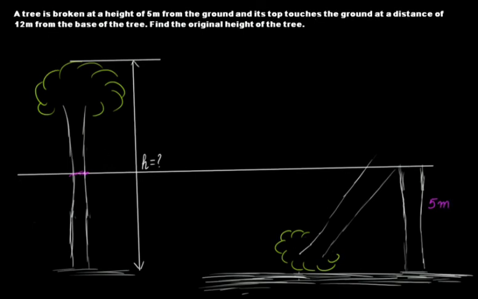So this distance, from here to here, has been given to us as 12 meter, right? Find the original height of the tree. Now you have to find the height of the tree. That's a really very interesting question. So you can clearly see that even in this case, you can apply the Pythagoras property because it is making a right angle. How? Let me show you.